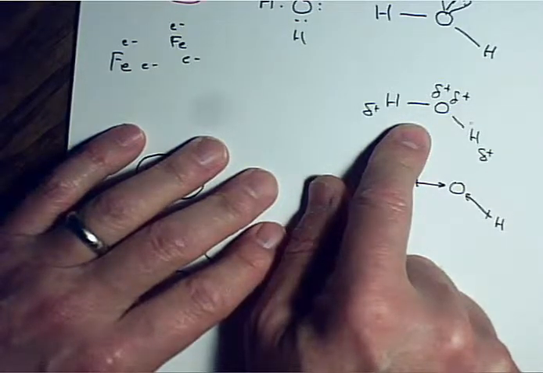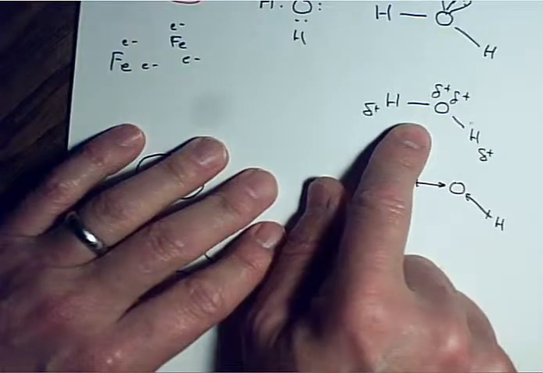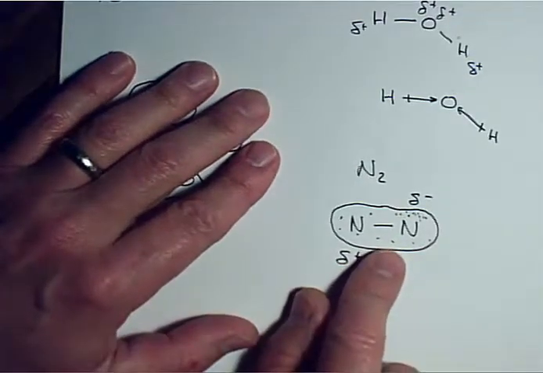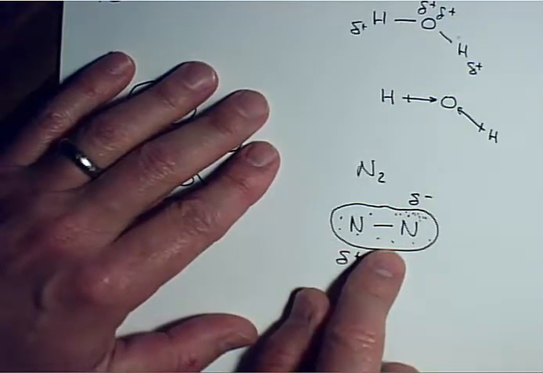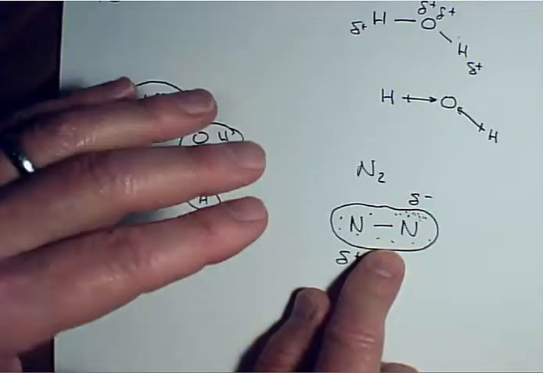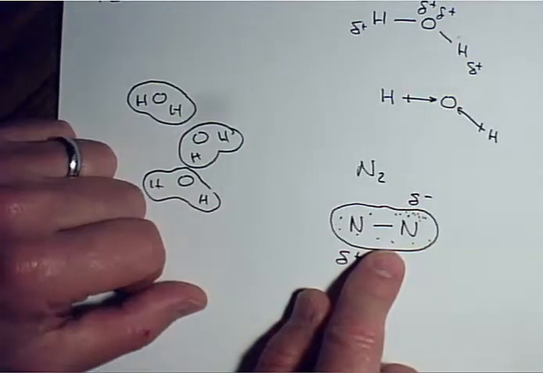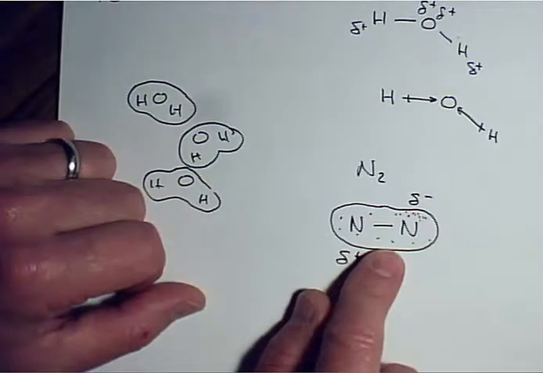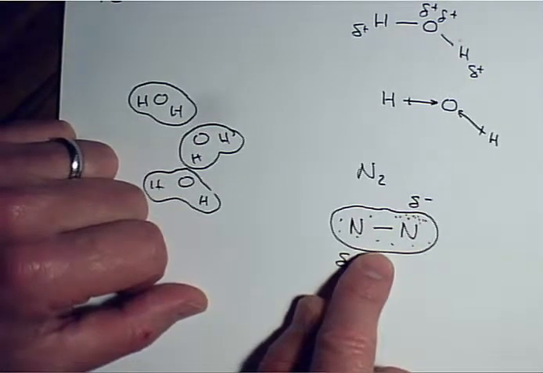That's what makes it polar, because the electrons are more grouped up in one place than another. Nonpolar molecules have temporary electron density differences within an electron cloud, and that's what makes it temporarily polar.